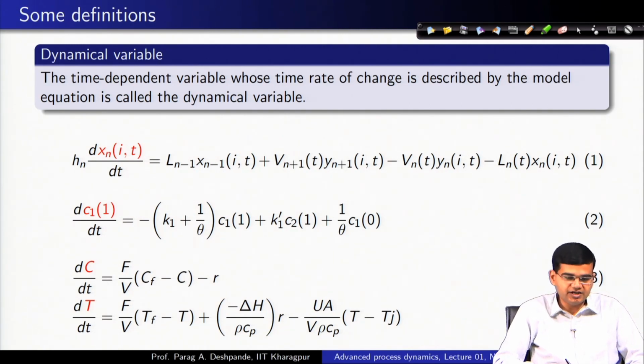Then you have C i of 1, which is the concentration of the ith component in a given reactor. Then for the case of CSTR, you have the composition as well as temperature which change with time. And in all of these cases, what you see is that you have identified a variable which changes with time, and such a variable is called the dynamical variable.